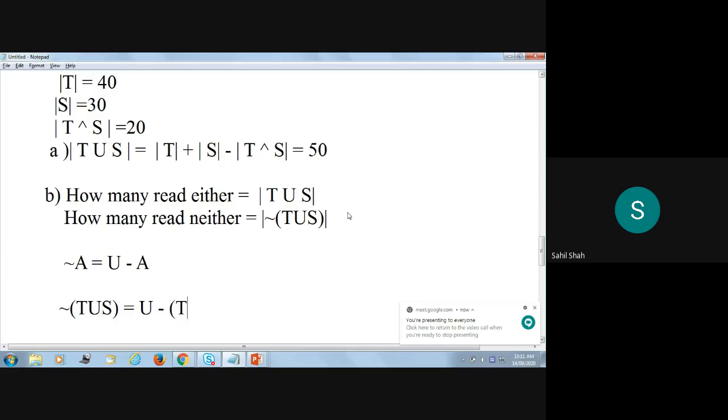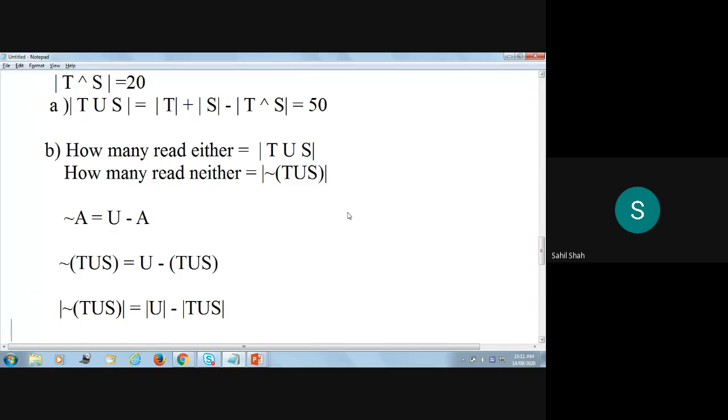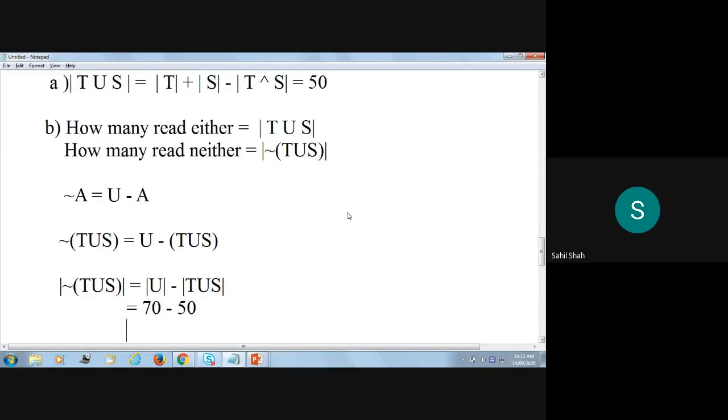A is T union S. So using the addition principle, I can write cardinality of T union S bar is equal to cardinality of U minus cardinality of T union S. This is further equal to, do we know what is cardinality of U? Yes, it is given. There are total 70 students minus how many students are reading at least one? That means either. This is 50. So what is my answer? 20. There are 20 students who read neither of the newspapers.